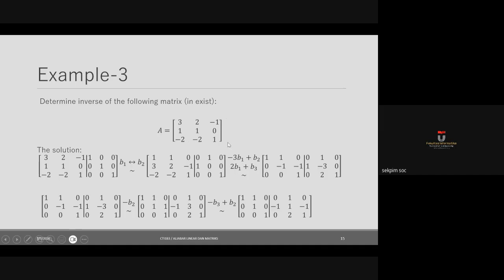Okay, so you have A here, and you put A on the left hand side, and the identity matrix on the right hand side.